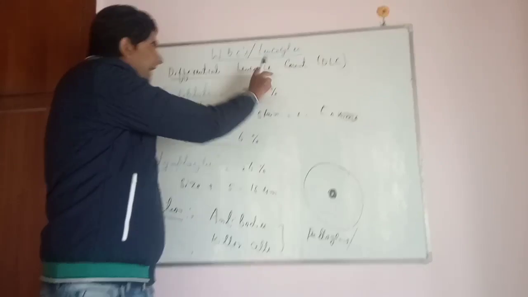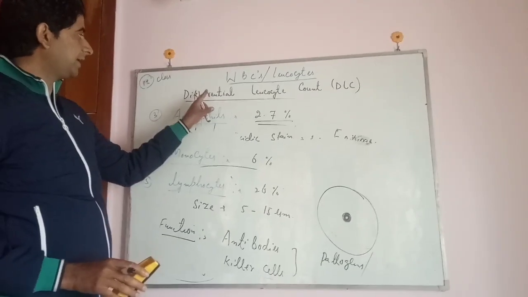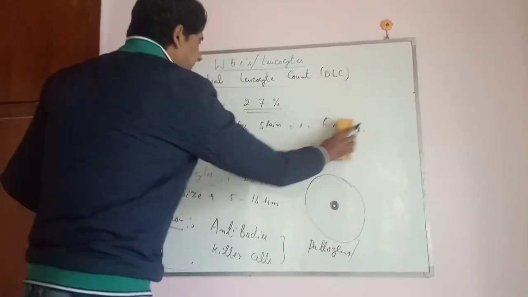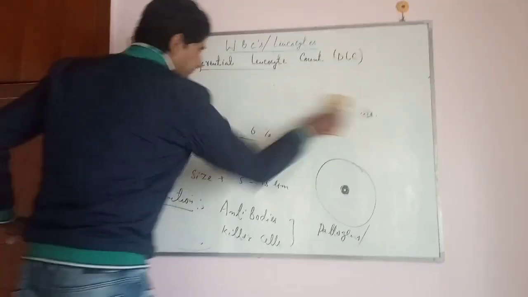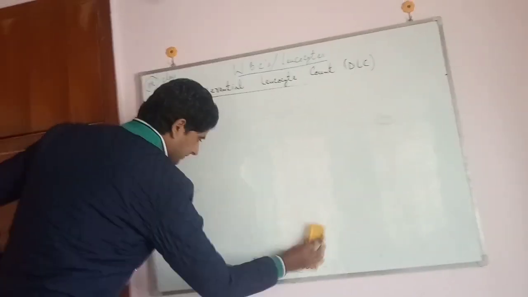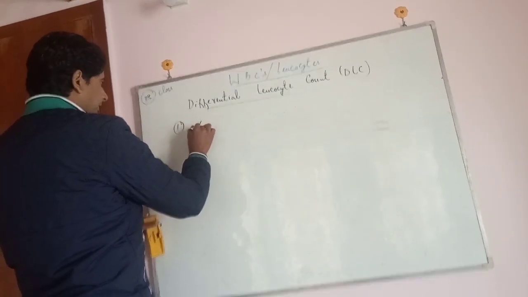So these are the different types of WBCs. और इसी को हम कह सकते हैं differential leukocyte count. और इससे हमें पता चला that means the WBCs are 5 types. Number first, acidophils.